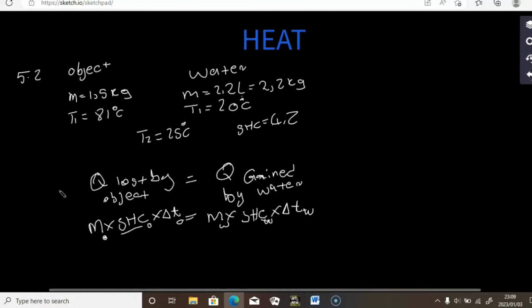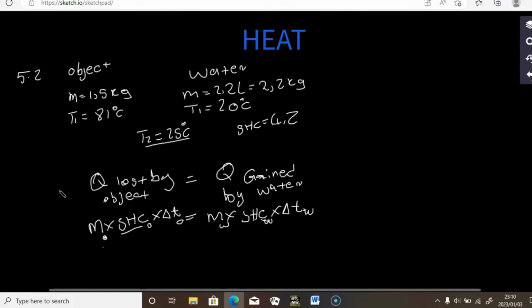For water, we are given 2200 milliliters, so we are going to convert to liters and then to kg because we are using kgs. And the final temperature of both the water and the object is equal to 25 degrees Celsius.